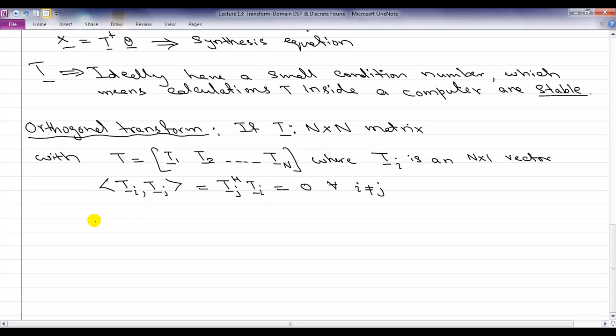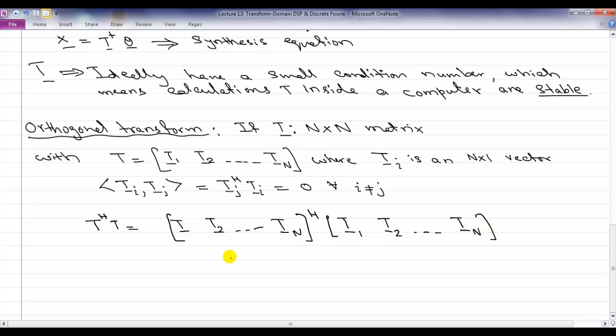In that case, it turns out that T Hermitian T is simply T1, T2, up to Tn Hermitian times T1, T2, up to Tn.